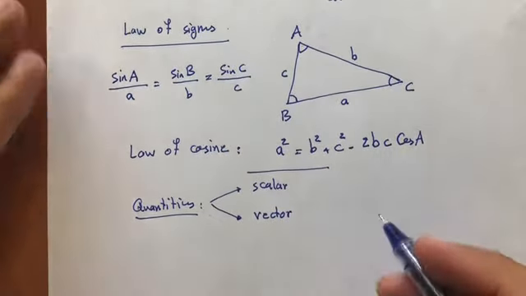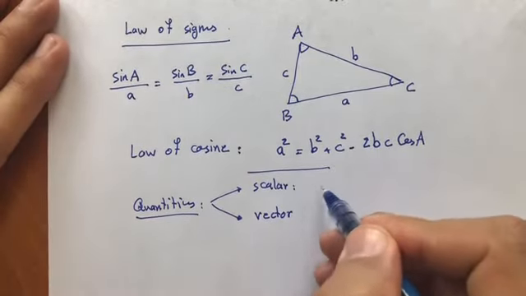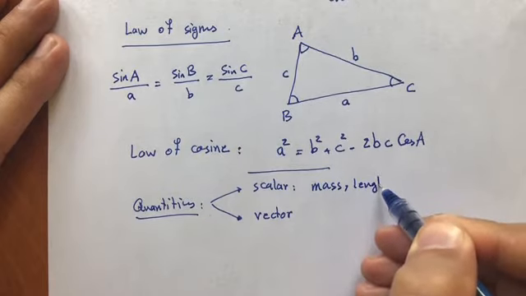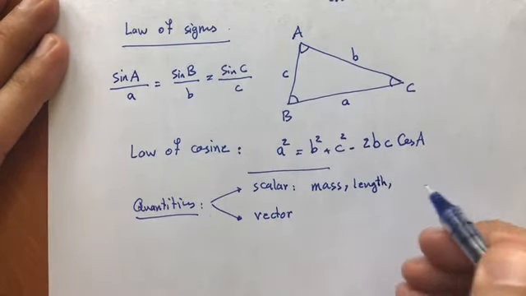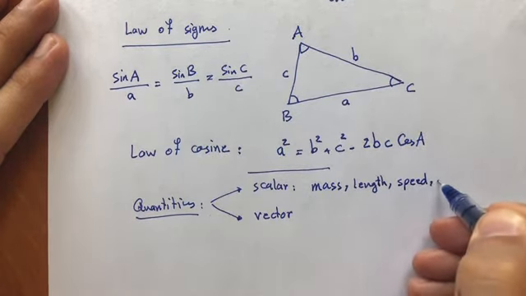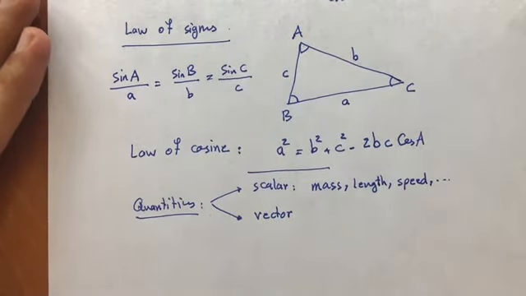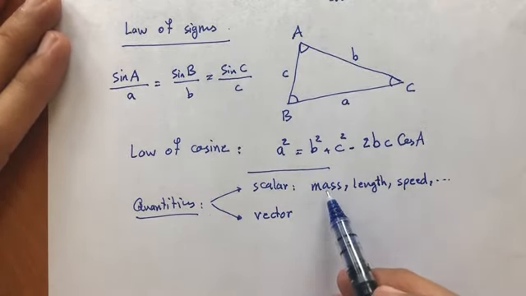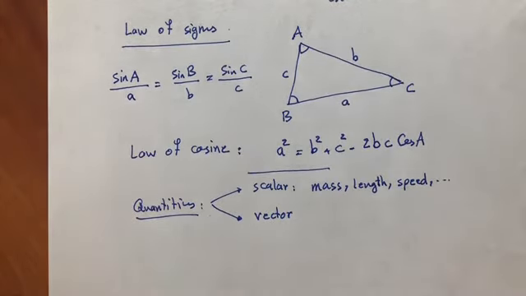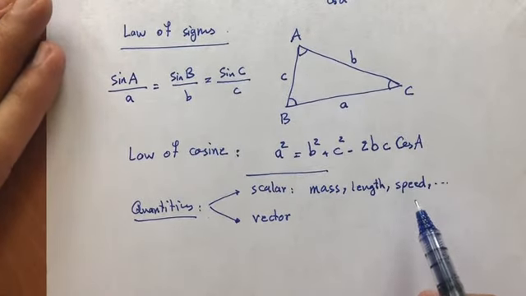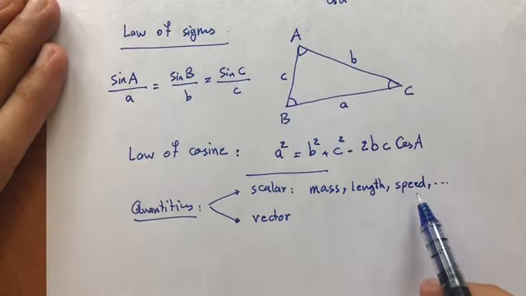So scalars like mass, maybe, length, speed, etc. These quantities have a value, but they don't have any direction. For example, if mass of something is 1 kilogram, it is 1 kilogram. No one is going to ask in what direction. Same thing for length, same thing for speed. So if we say speed of something is 1 meter per second, that's the speed of it.